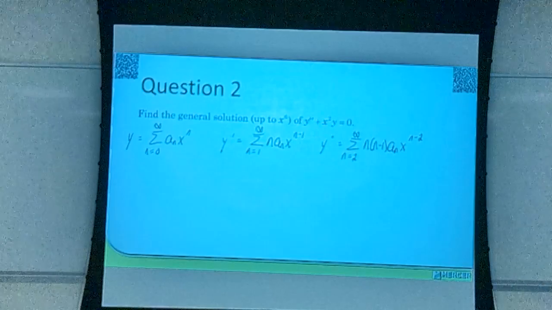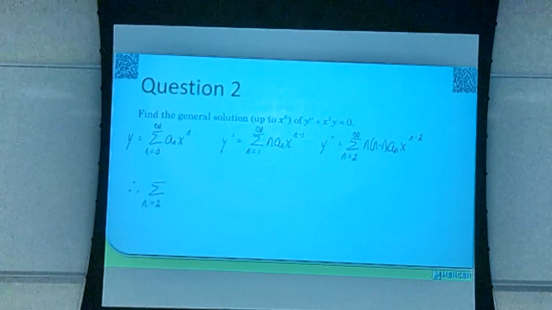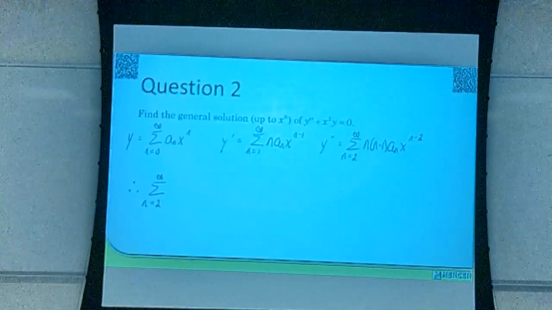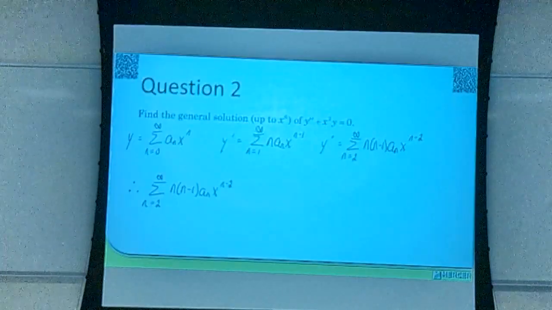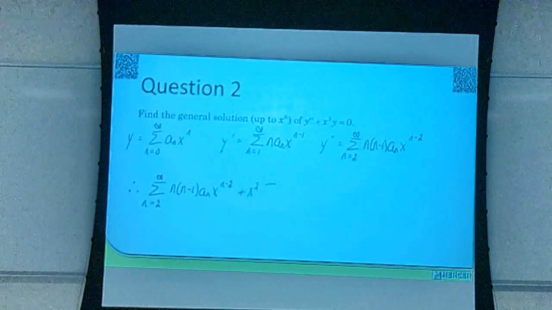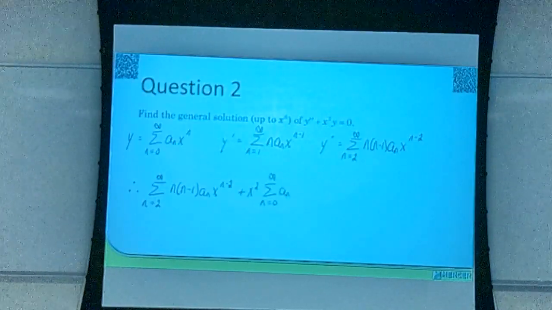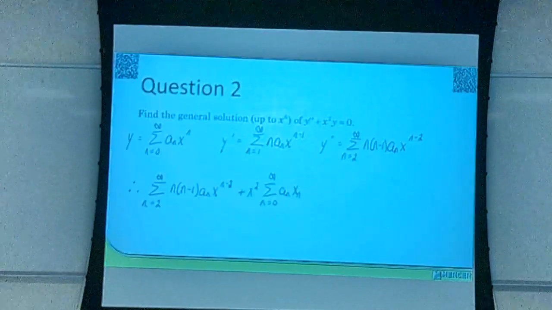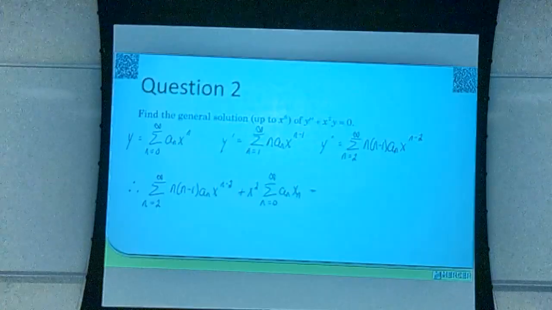Y double prime plus x squared times y. Remember, that whole thing's going to have to equal 0.